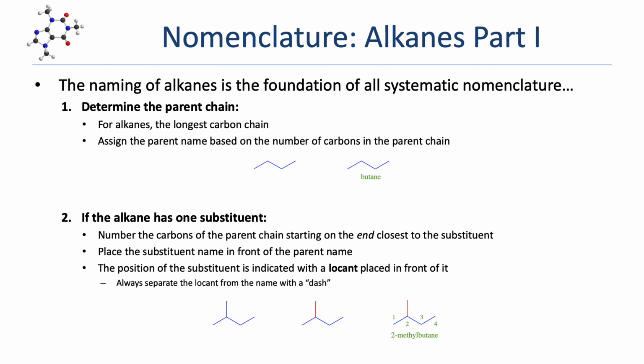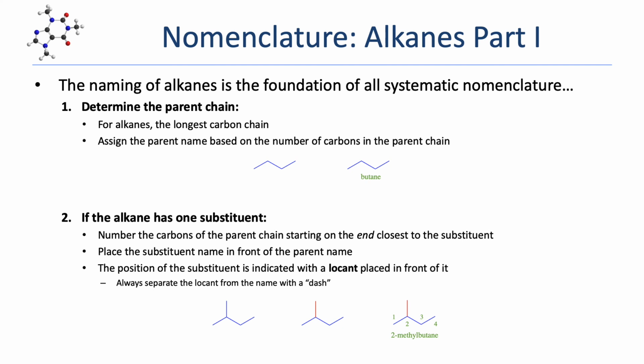So we can then number all 4 carbons of the parent chain, in this case, left to right. So now we can see that that substituent, that methyl group, is attached to the 2-carbon of the parent chain. That 2 is called a locant. It's essentially the position of that substituent on the parent chain. And we simply place that locant in front of the substituent name, separated by a dash.